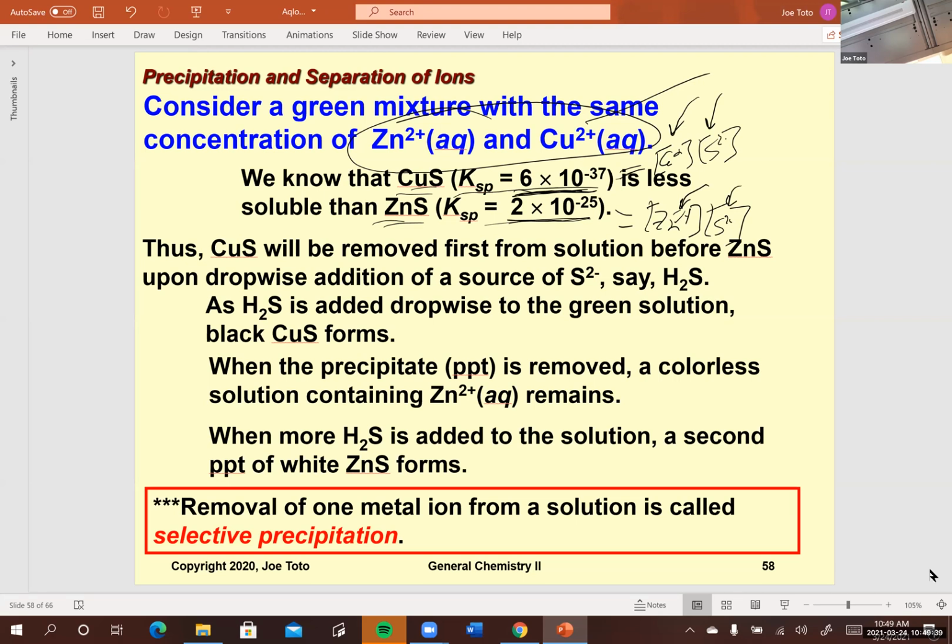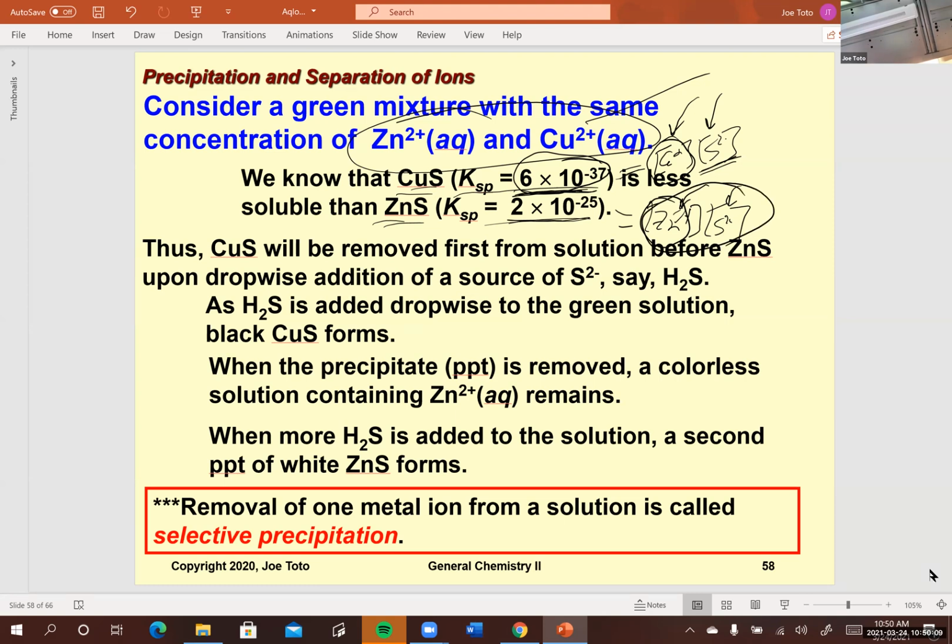So if I have a solution of the same concentration of metals, I know that I'll need a lot less sulfide to precipitate the copper, because its KSP, which indicates the maximum amount of dissolved ions allowed, is going to be lower than in this case.